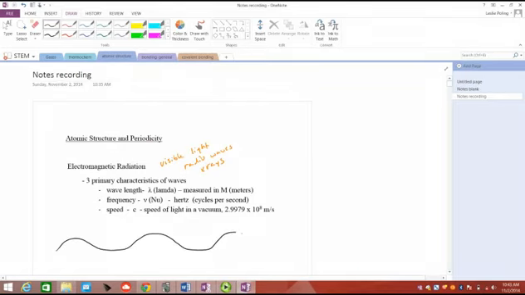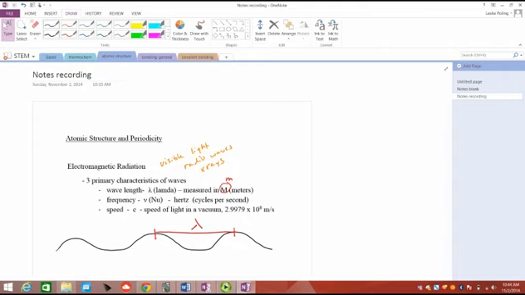So when we look at a wave, not a great wave, but still a wave, waves all have three primary characteristics. They all have wavelength, which is measured in meters, which of course should be a lowercase m, not a capital M. Sorry about that. And then anything that modifies it, nanometers is one that's commonly used.